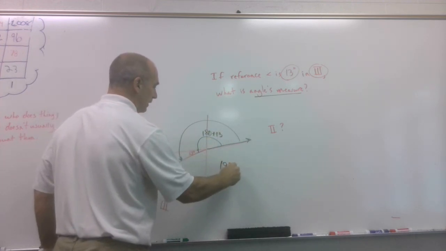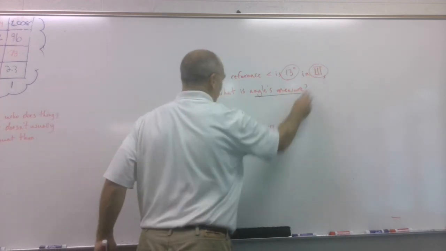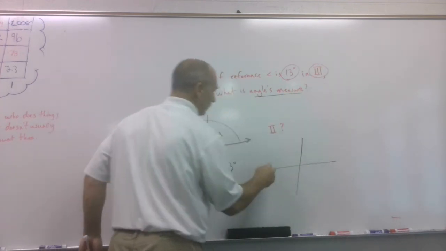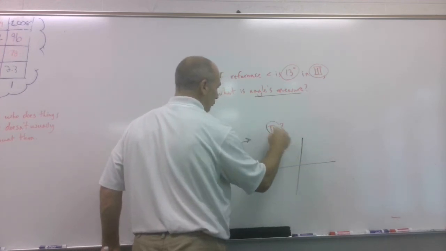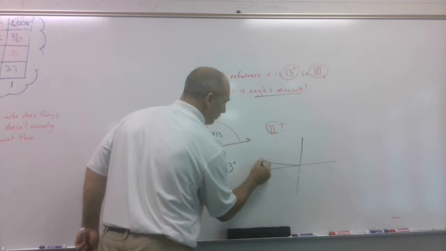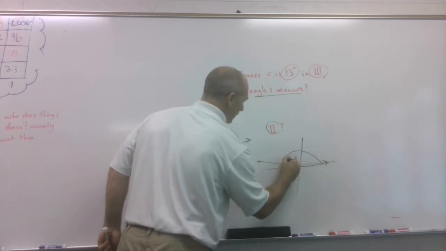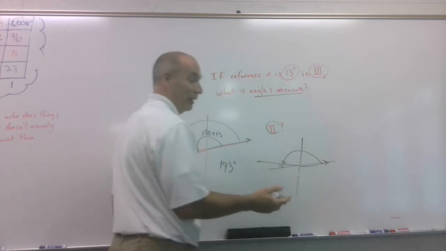That's 193 degrees. Now, what if they changed it from quadrant 3 to quadrant 2? Well, my quadrant 2 is actually right here. 13-degree reference angle would be this little shaver right there. So how far do I have to spin my spinner to get there? I mean, there's a couple ways of looking at it.